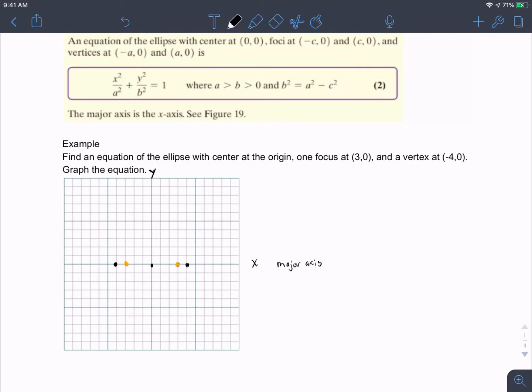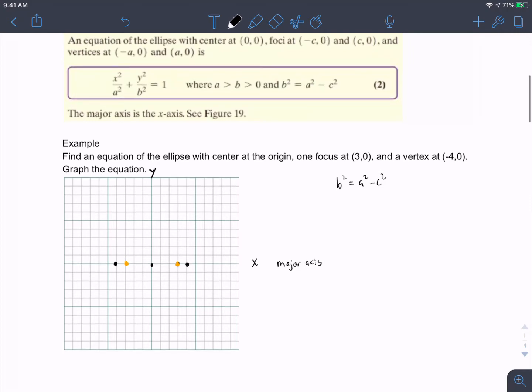To find the minor axis, we take the formula b squared is equal to a squared minus c squared. The c comes from the focal point, so if one focus is at 3, 0, then c is equal to 3.